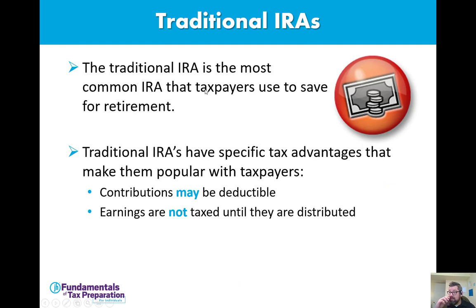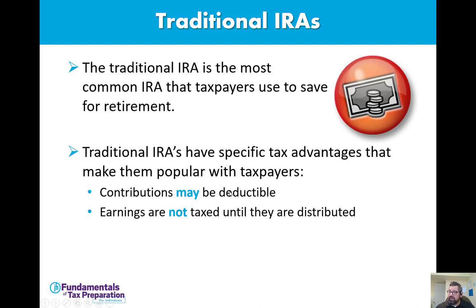It says the most common IRA. Maybe that was true, only because traditional IRAs were the original IRA. When they came out with the Roth IRA, it's become incredibly popular. They are treated differently, like I said.